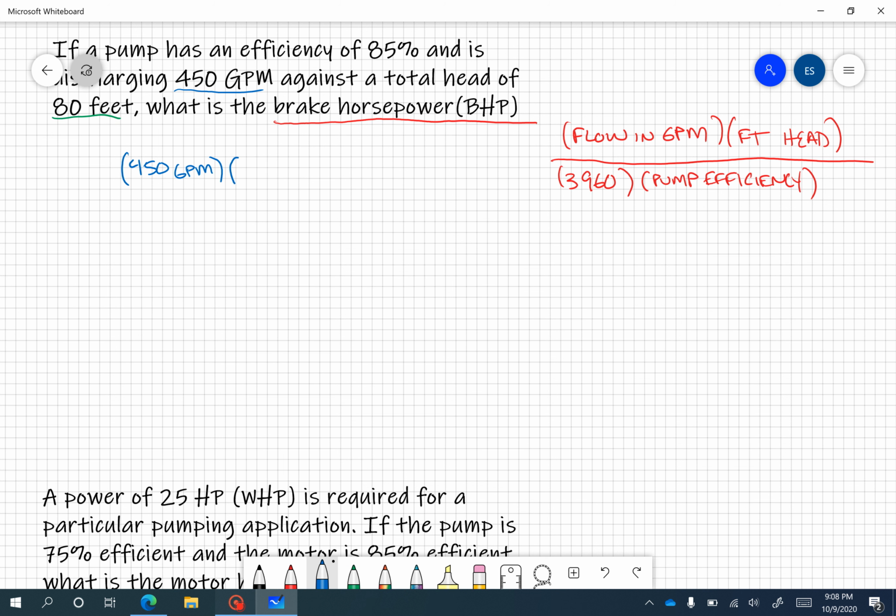So 450 gallons per minute times 80 feet of head divided by 3960 times pump efficiency.